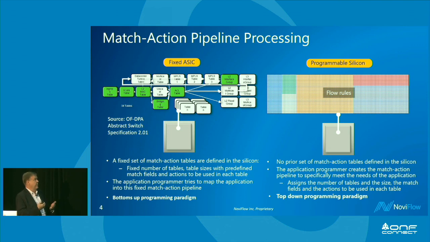You have a fixed set of tables. In each table, you can match on a certain thing. You can do certain actions, but the packet essentially has to go through this pipeline. And if I'm the application programmer, I have to try and fit my application into that given match action pipeline.